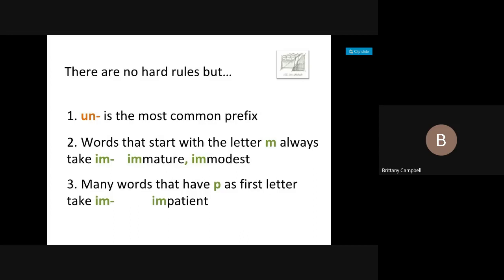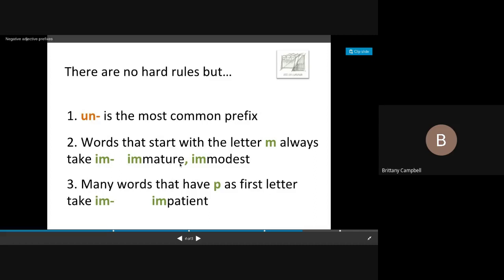Beautiful, because it is able to stand alone. So here we realize that it starts with M. M-A, we have M-O. So it takes on the prefix im. Also, words that have P as the first letter take on im as well. For example, impatient, right? So take note of that information there.